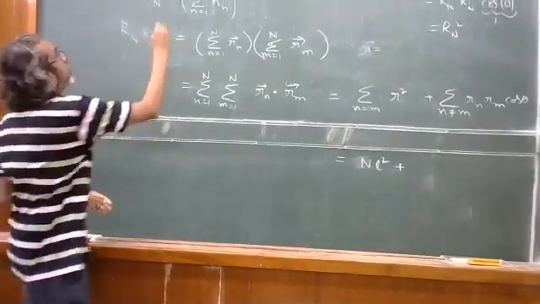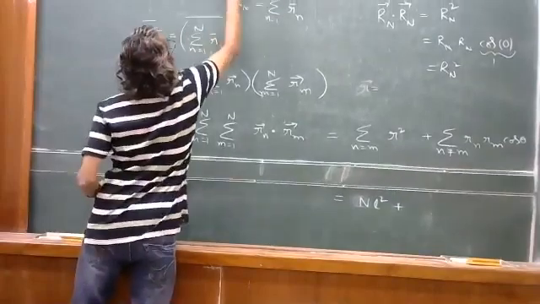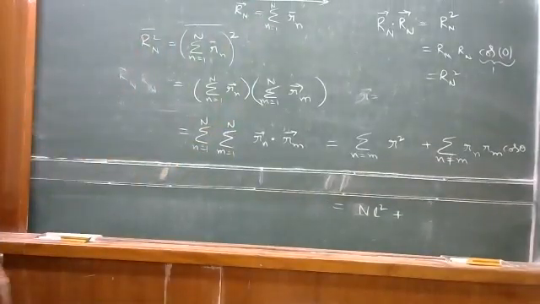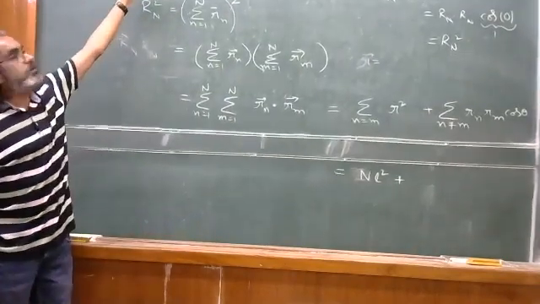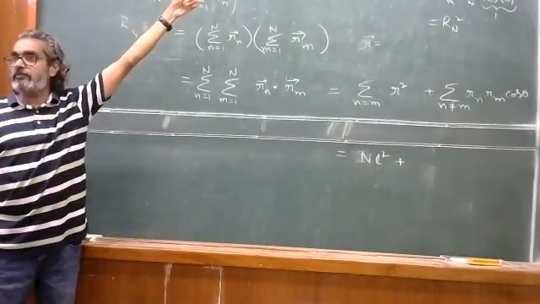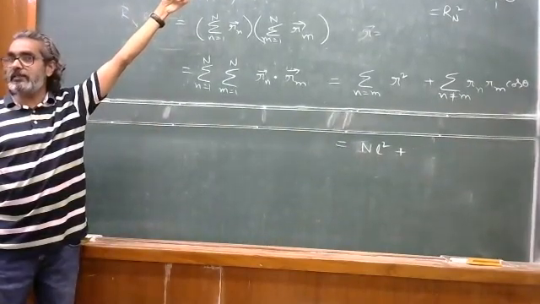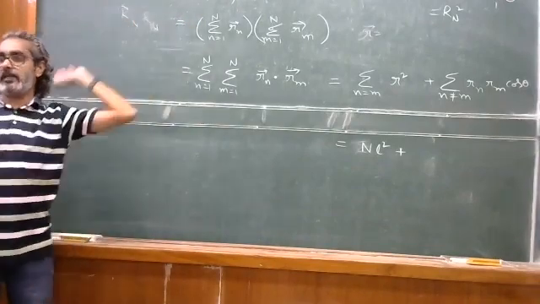N and m means any random pair. They are all random pairs. It will be zero, because for any R you take, you are bound to have a vector which is equal in length and exactly in the opposite direction.